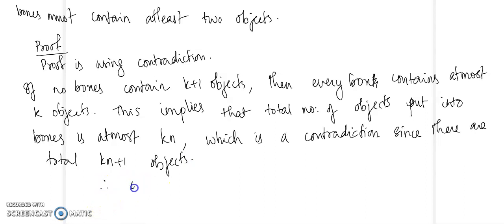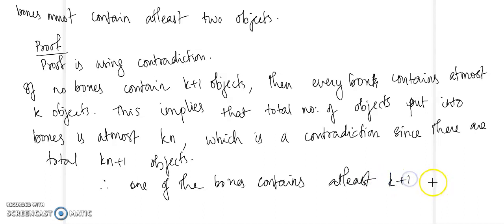Therefore one of the boxes contains at least k+1 objects. So this is the proof for the pigeonhole principle.